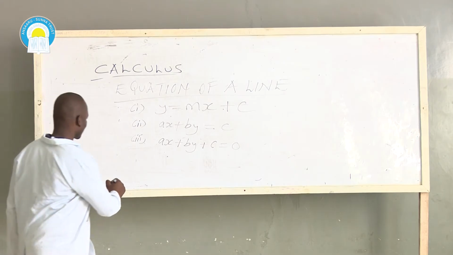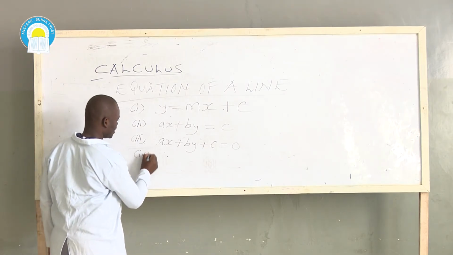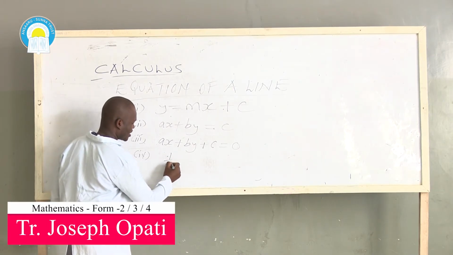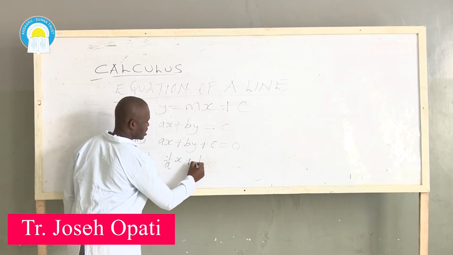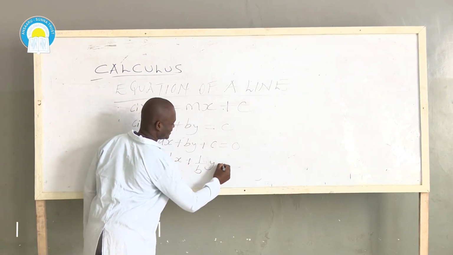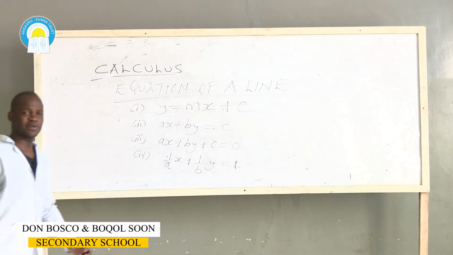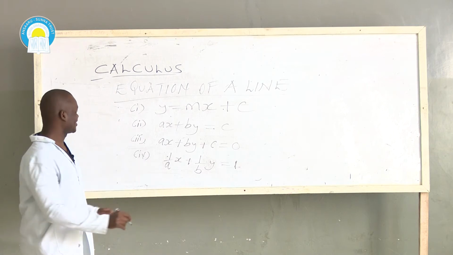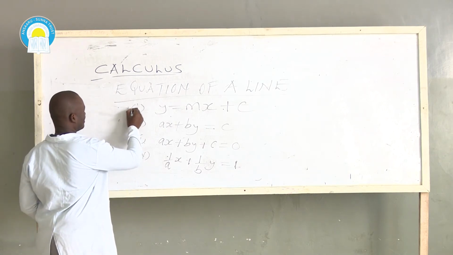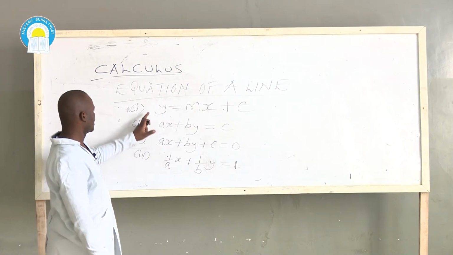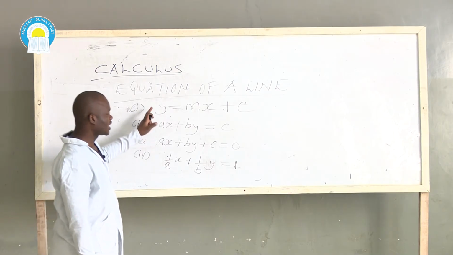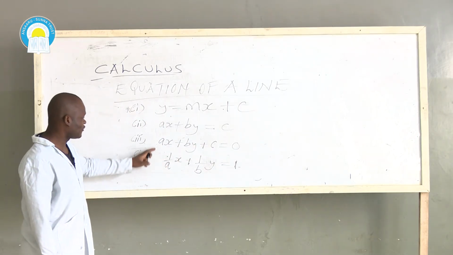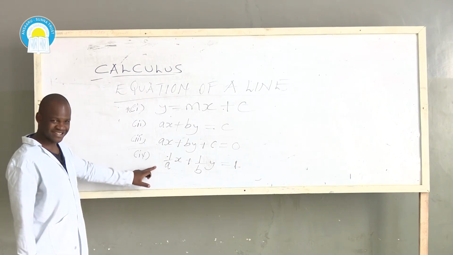And lastly, the form which has other significance, we are going to discuss later: x over a plus y over b is equal to 1. This form normally is called the double intercept form. But I'm insisting the main form which an equation of a line can assume is y is equal to mx plus c. But also in various questions in the exam, the other forms can also be tested.